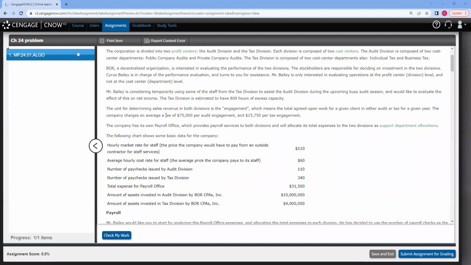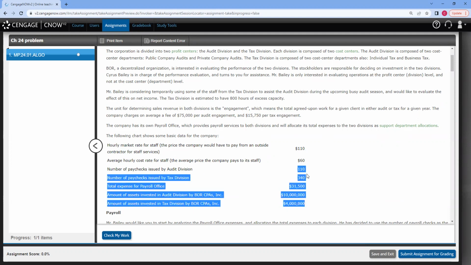The payroll office issues paychecks. The total expense for the payroll office is $31,500. And we're going to allocate that expense out to both the audit and the tax division as our profit centers.